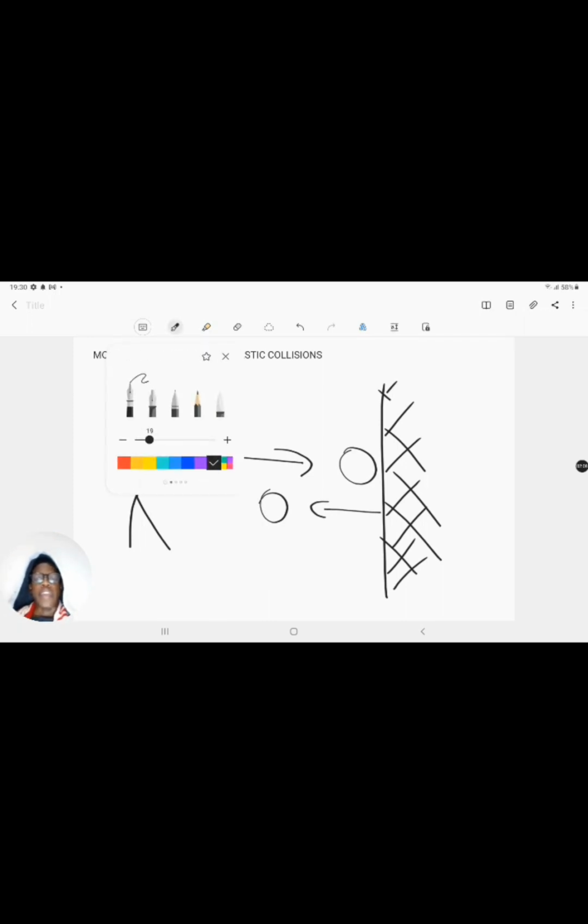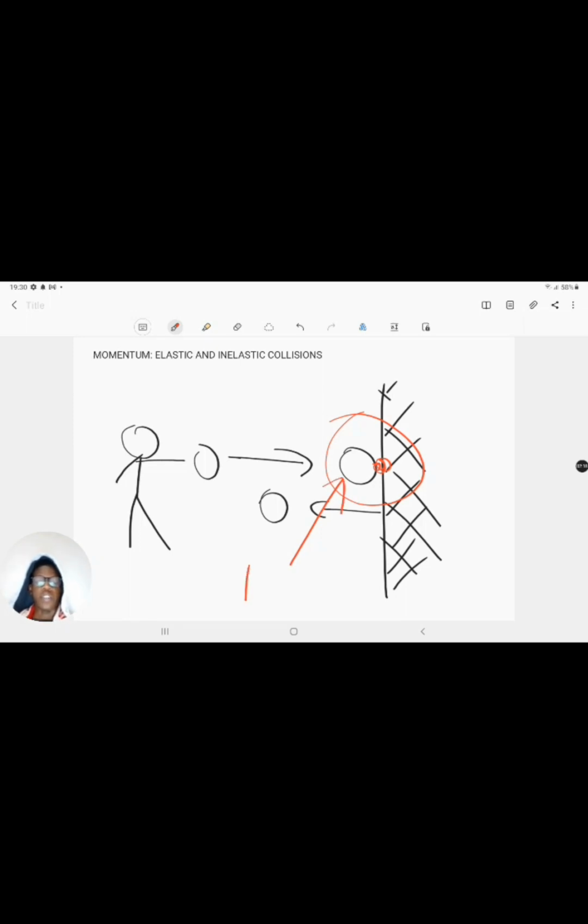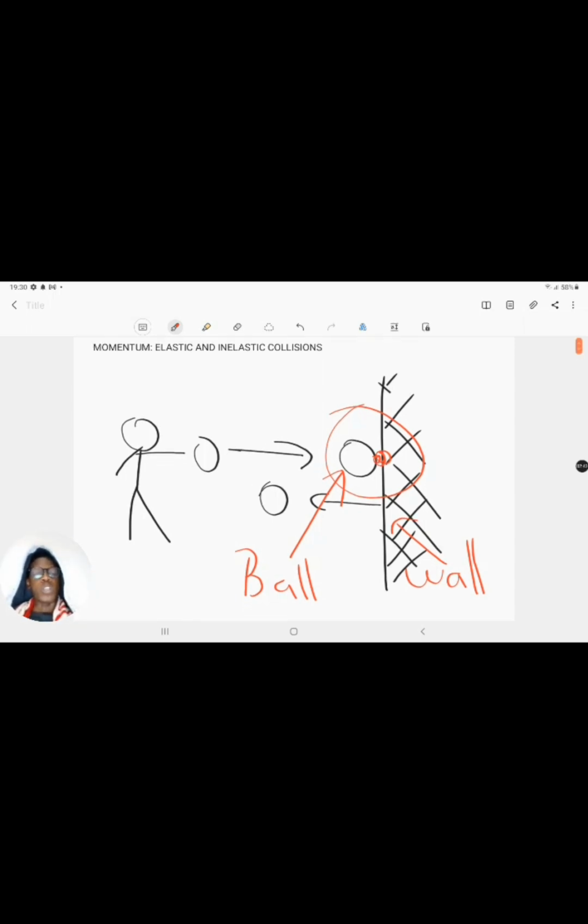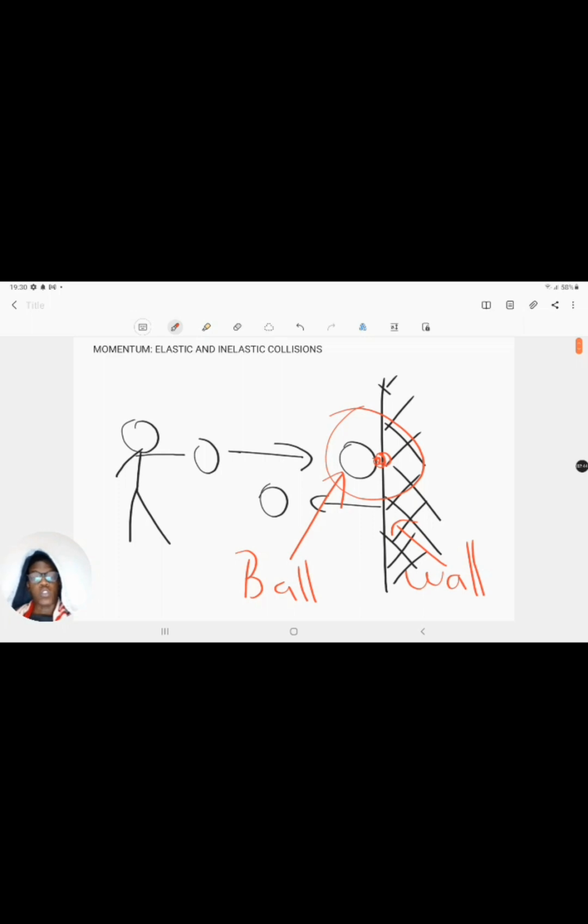Now that there is a collision. As soon as that ball strikes the wall, that is a collision. In this instance, the first object is the tennis ball, and the second object is the wall. So not both objects have to be moving. Only one can be moving, or both of them can be moving to make contact, to collide. As long as you have two objects impacting one another with a certain force, then you have what we call a collision.